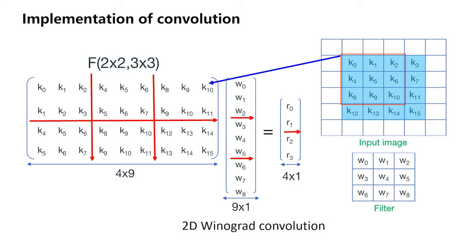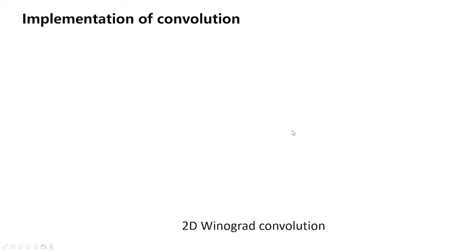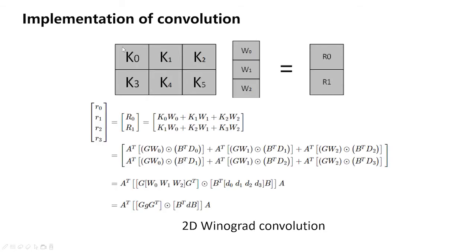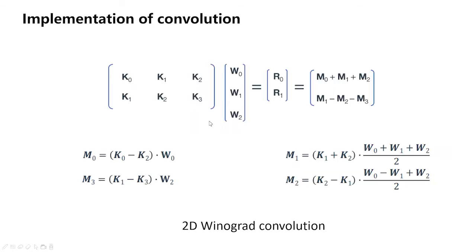And we can divide the large matrix into smaller submatrices. Then we can get this. And each submatrix can also be transformed by these equations. So finally we can get this.